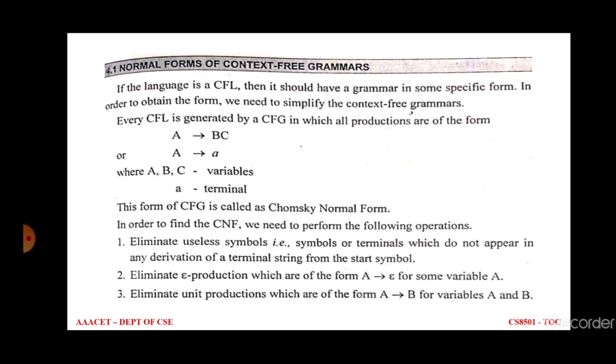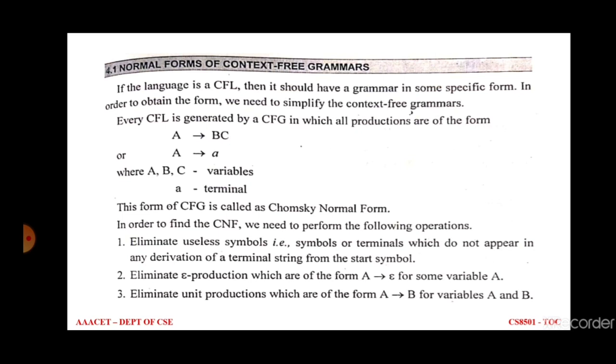So, a production rule is in the form of CNF if it satisfies the below two properties: A tends to BC, that means the right hand side of the production should be two consecutive non-terminals, and the second one is that the right hand side of the production has only one terminal, that is A tends to small a.